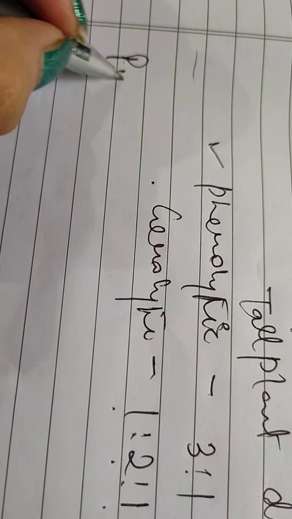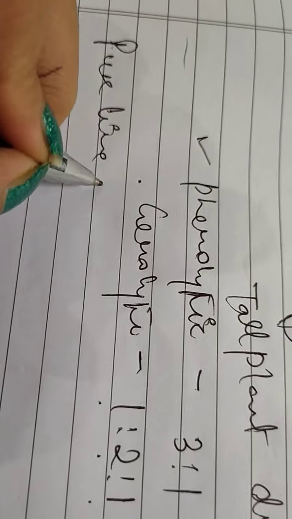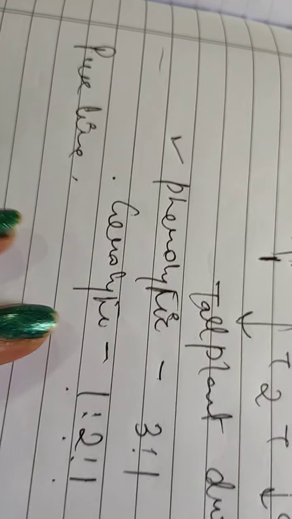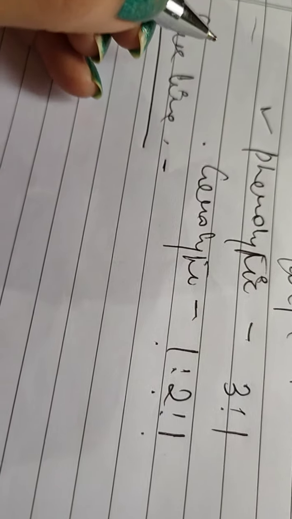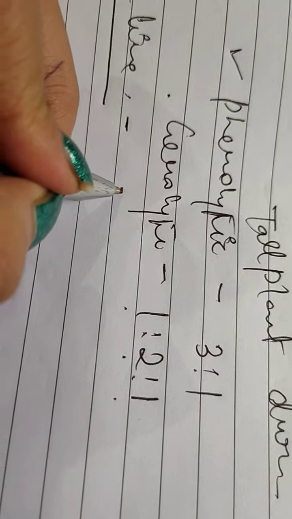Next, it's also very important, that is pure line. Pure line, I think we have heard this word earlier. What is pure line? As the name indicates, definitely there is no mixing, there is no other combination.